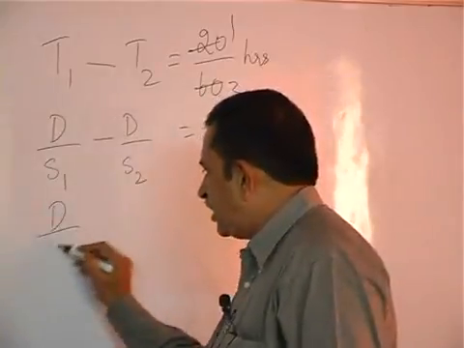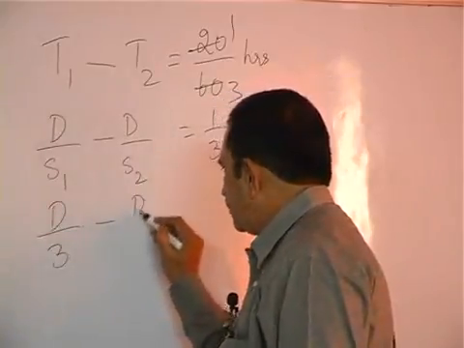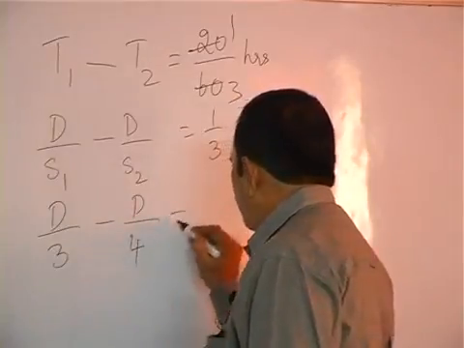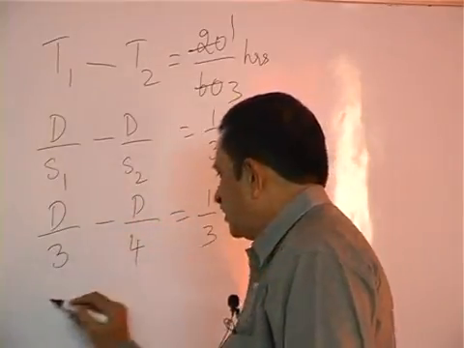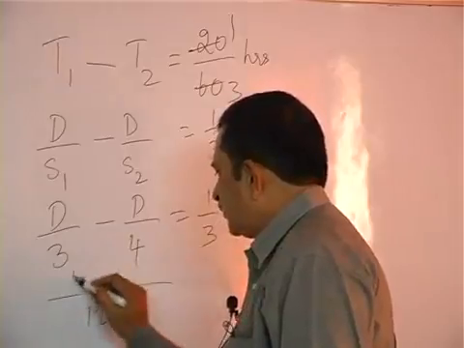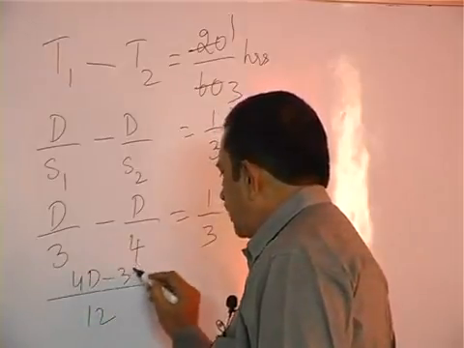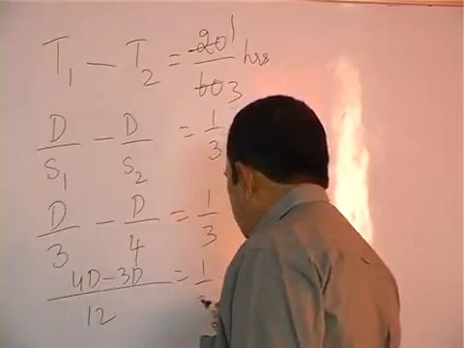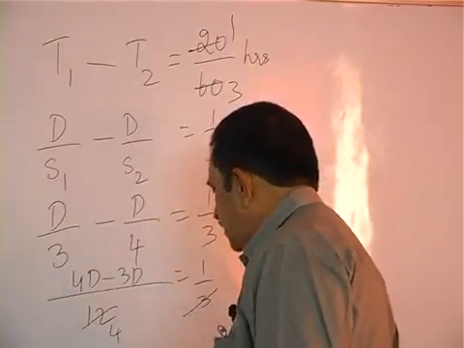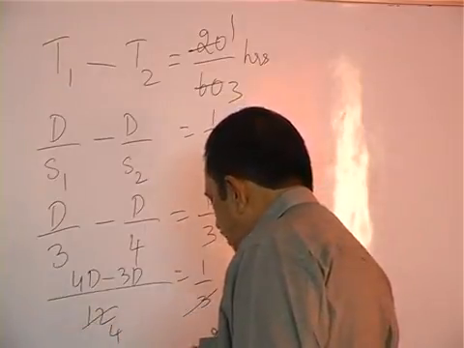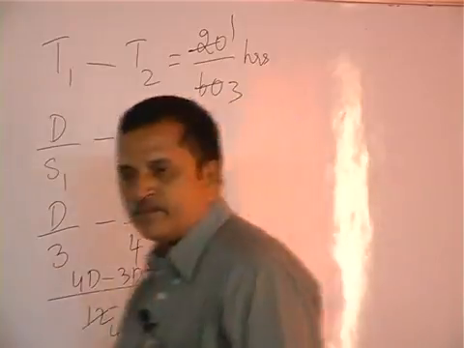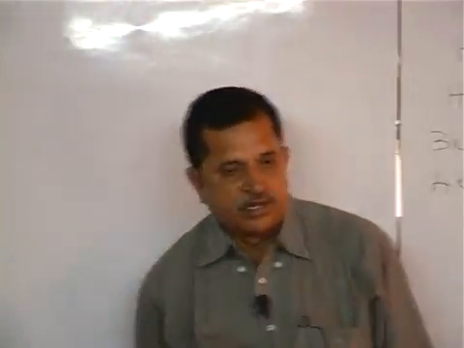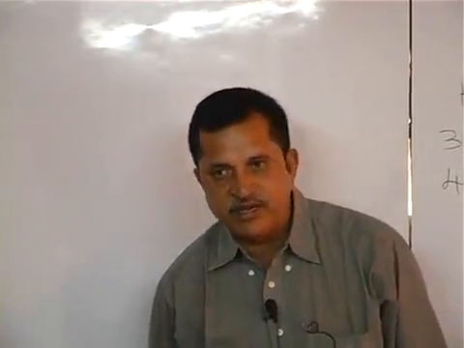D by 3 kilometers per hour minus d by 4 kilometers per hour is 1 by 3. LCM is 12. 4d minus 3d is equal to 1 by 3. 3 will go 4 times. So distance is equal to 4 kilometers. So the distance between his house and the school is 4 kilometers.